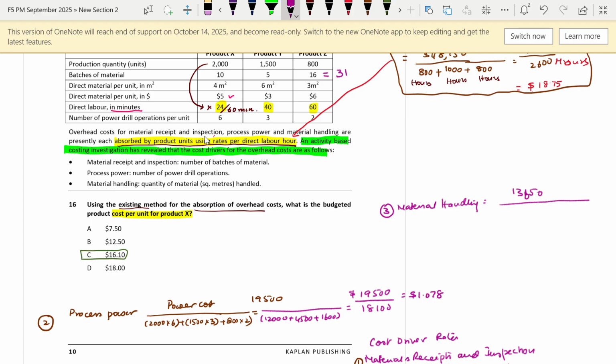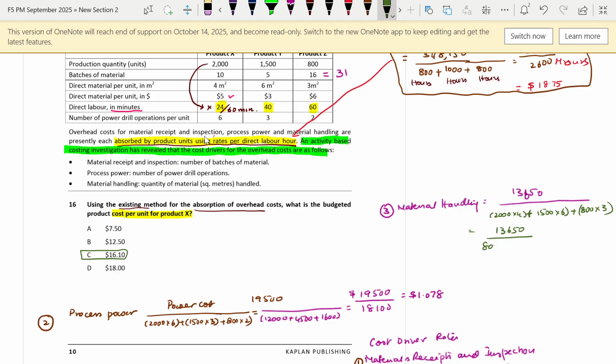Per unit is 4, so 2000 times 4 is 8,000, plus 1500 times 6, plus 800 times 3. 13,650 divided by, tell me the total.